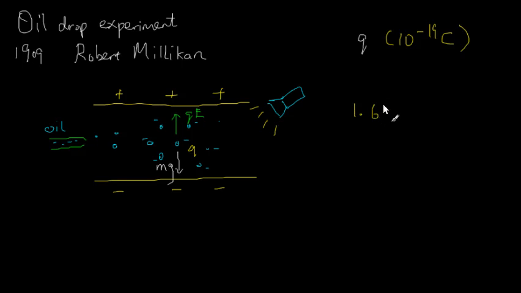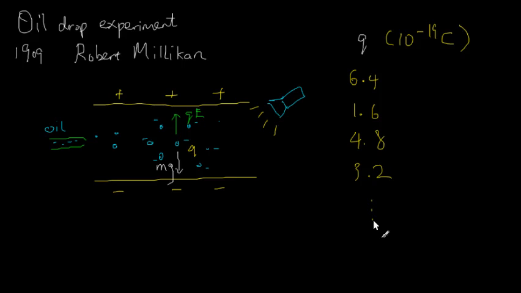So perhaps one of the oil drops has just one electron, but he would also have obtained other values. Just for example, he would have observed, say, 6.4. He might have observed 4.8. He might have observed 3.2. And maybe slightly different values around each of these. So he would have observed all of these values and more.